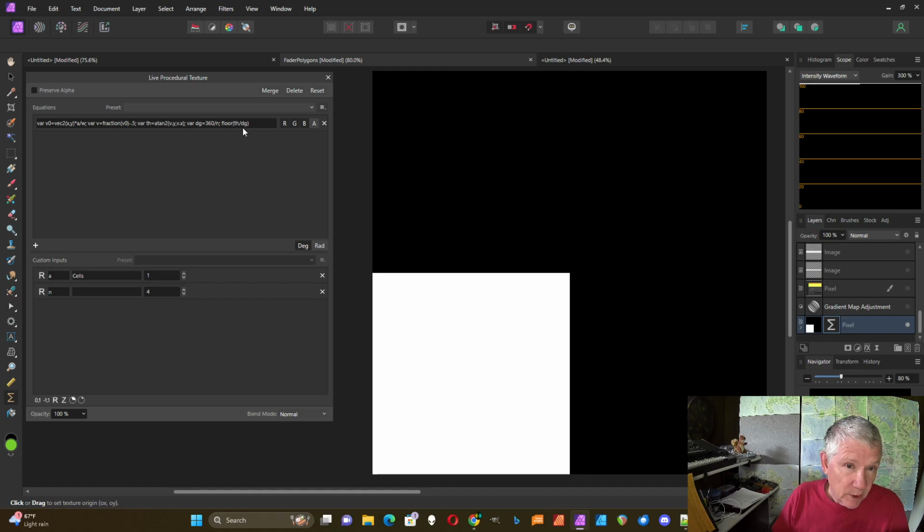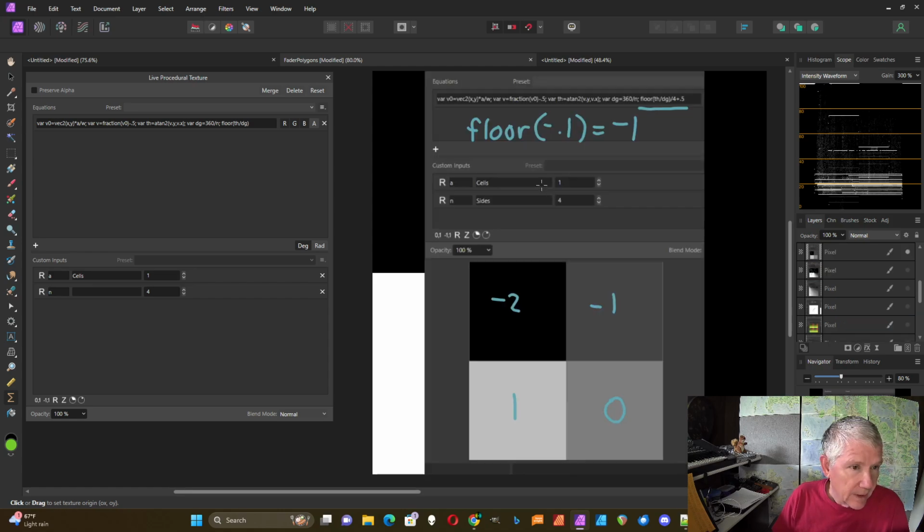But floor always rounds down, so the negative part of this is going to be 0, but up here in this quadrant I'm going to have -1 and -2, and then this will be +1. If I divide by 4 and add 1/2, you can convert those to grayscales. So this would be my 0, this is 1, this is -1, that's -2.